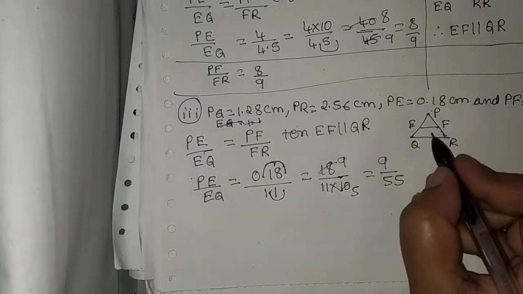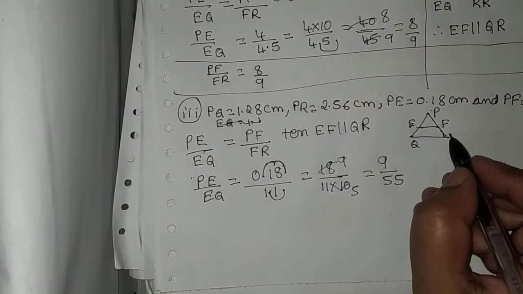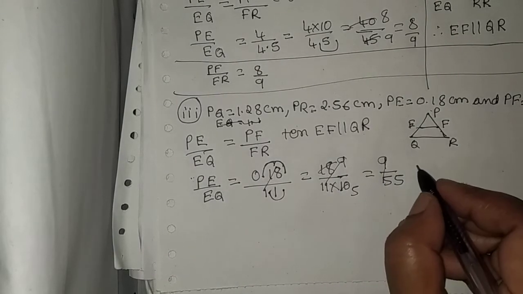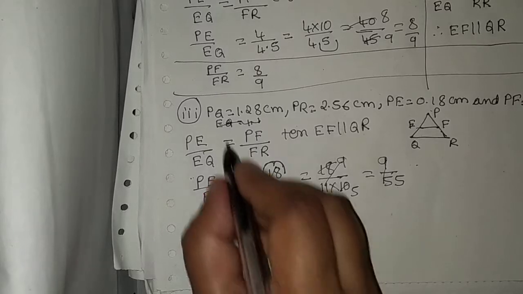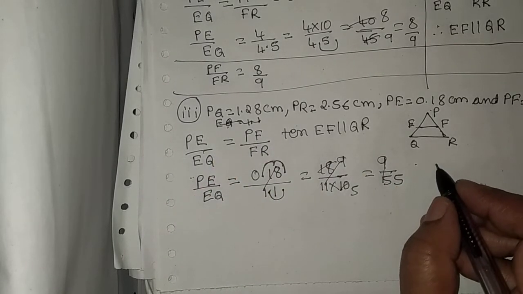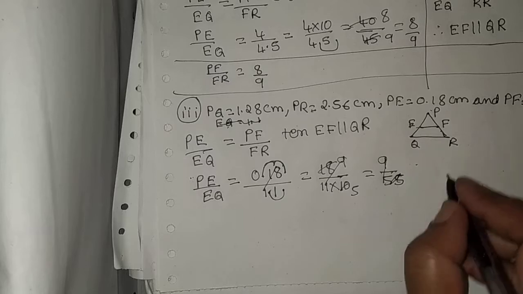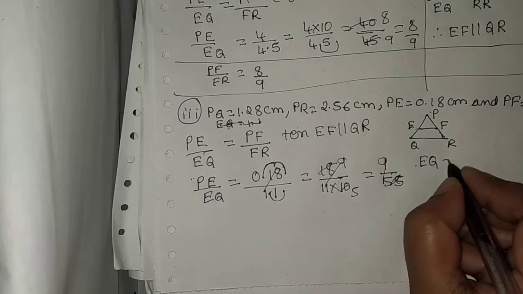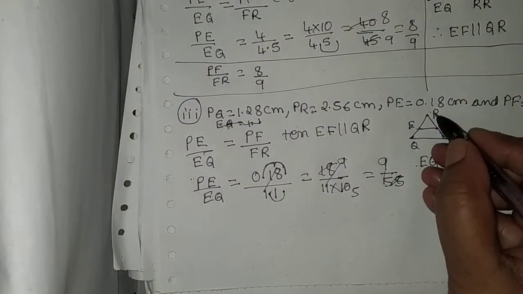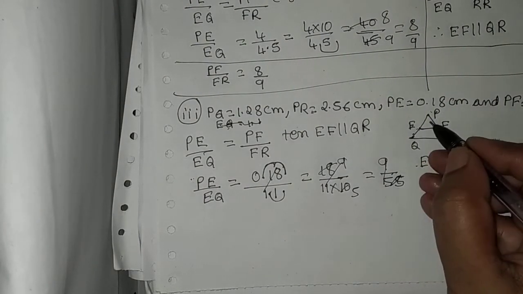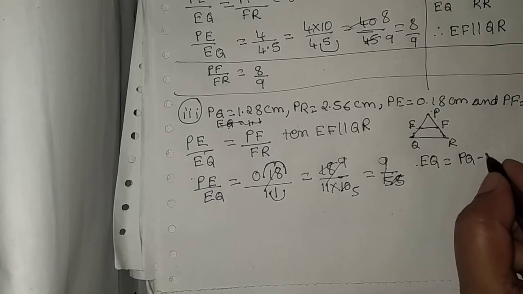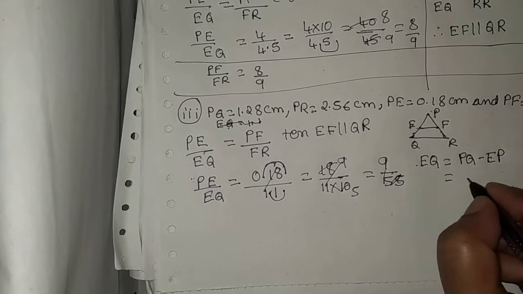PQ, PR, from this diagram we can find out. We can write EQ is equal to PQ minus EP.